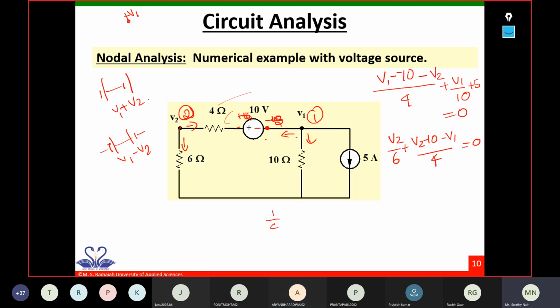So 1 by 4 plus 1 by 10 times V1, minus 1 by 4 V2. This is 10 by 4, 10 by 4 plus 5 is equal to 0.